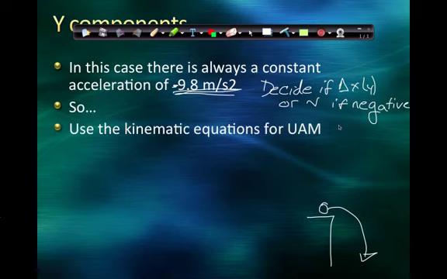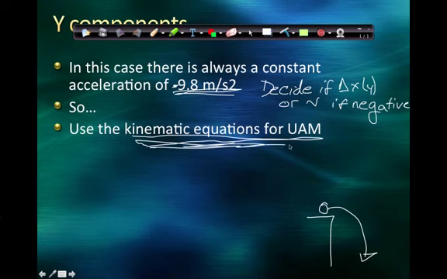So in the y direction, we're going to be using the kinematic equations for UAM. So these should be written down in your notes. Those 4 equations that look like this.